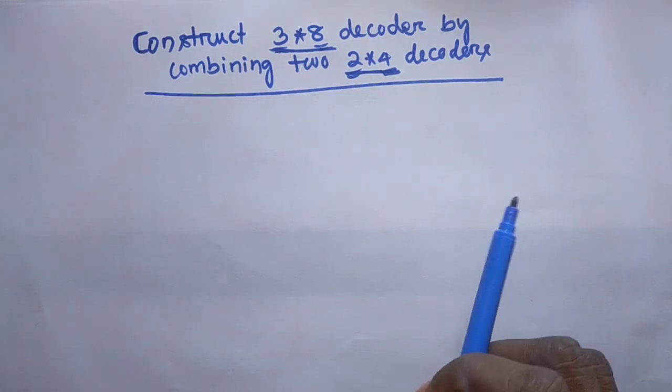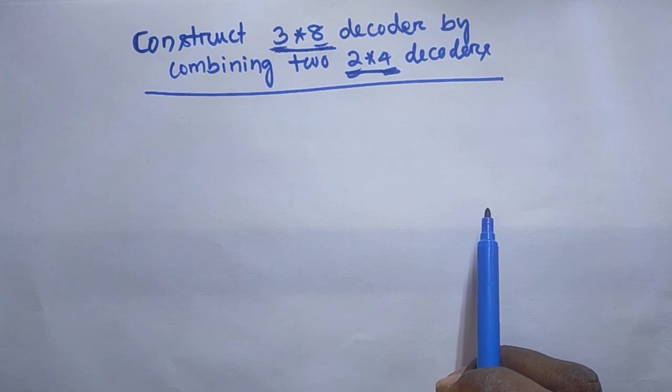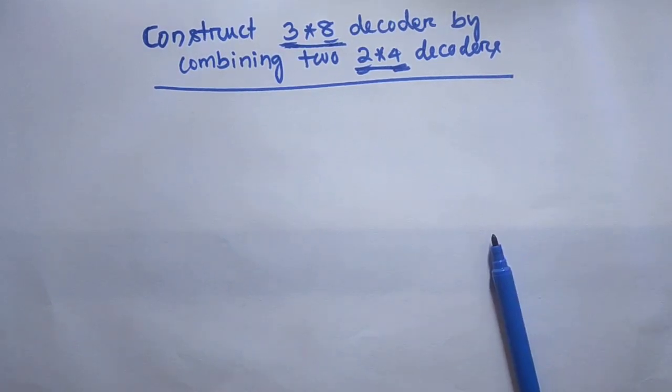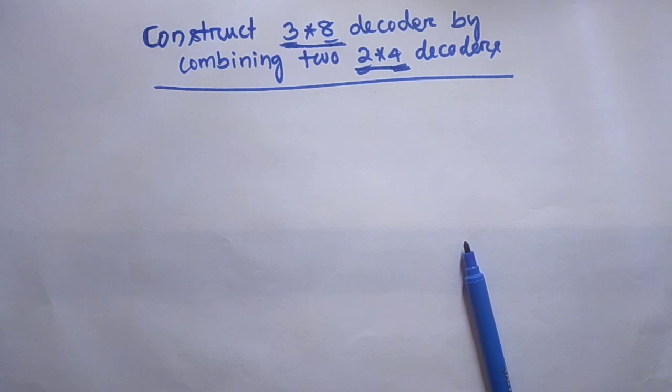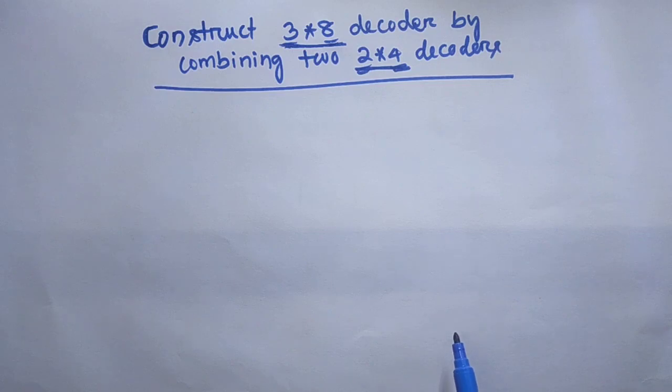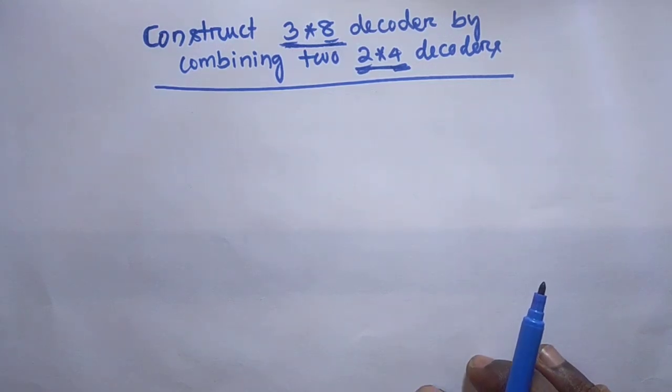In a very simple way I will design this 3 to 8 decoder with 2 to 4 decoders. If we look at a 3 to 8 decoder, 3 inputs are required and 8 outputs are required. But how will it be designed through 2 to 4 decoders? We consider one 2 to 4 decoder and another similar 2 to 4 decoder, then combine the two 2 to 4 decoders, and that makes a 3 to 8 decoder.